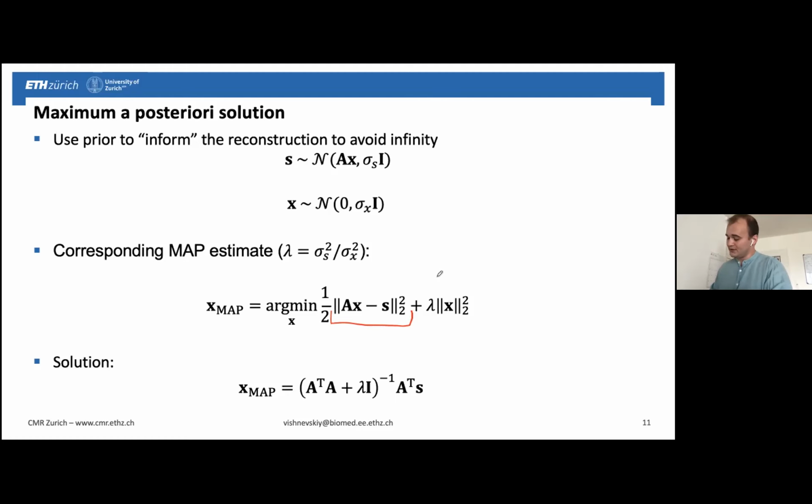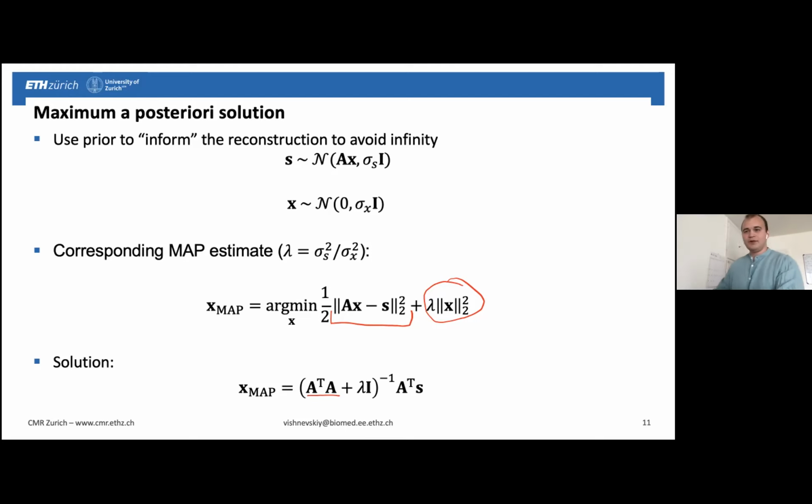So we add this penalty regularization term. Then it's still a quadratic optimization problem. We can take the derivative and write down the closed form solution. And you see that now, instead of inverting the matrix A transpose A, we add a small diagonal identity matrix to it to smooth out the inversion of the eigenvalues of the matrix.